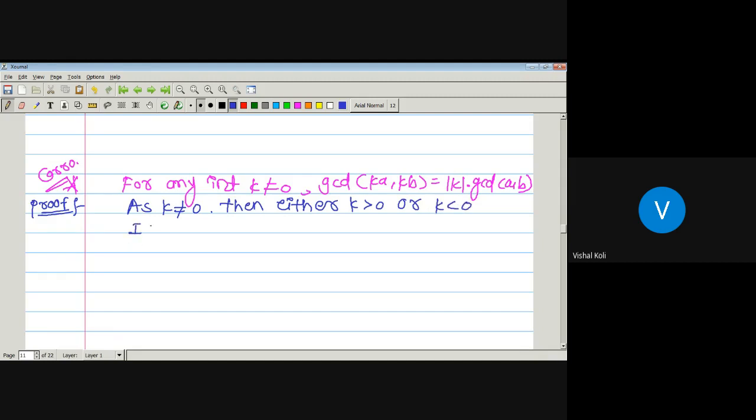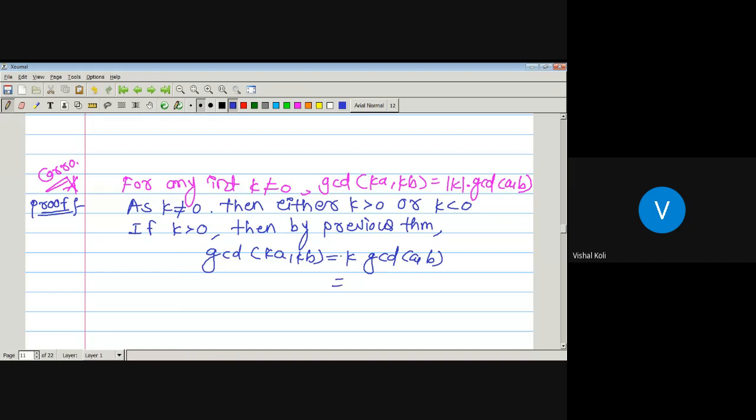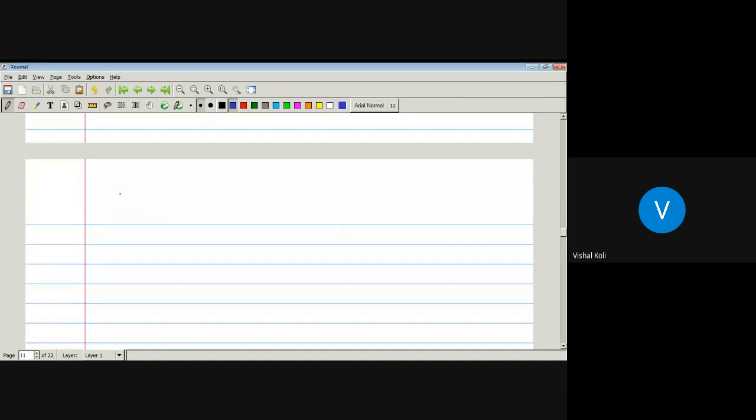Now, if k is greater than 0, then by the previous theorem, GCD of ka comma kb is equal to k times GCD of a, b. But k is positive, so it is equal to its modulus. So whenever k is greater than 0, the result is obviously true. Now it remains to prove it for k less than 0.